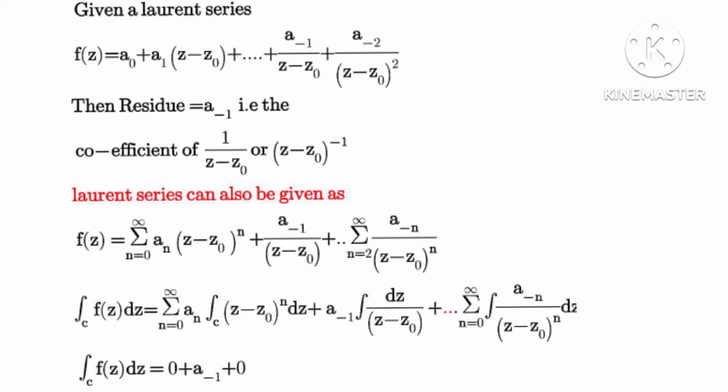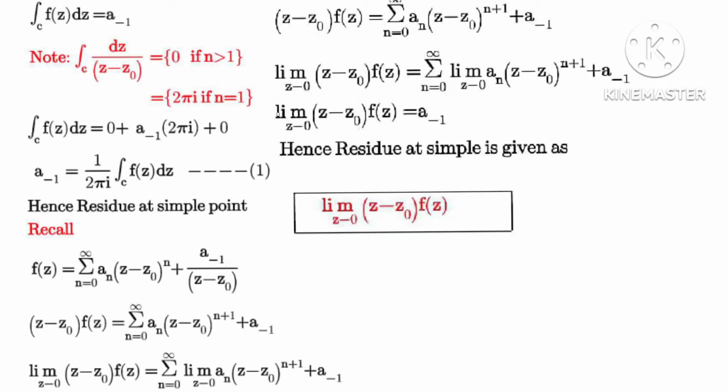Now, to find the residue at a simple pole, what we need to do is to recall that when you take an integral of dz over z minus z naught, it is 0 if and only if n is greater than 1. But if n is equal to 1, the solution will become 2 pi i.